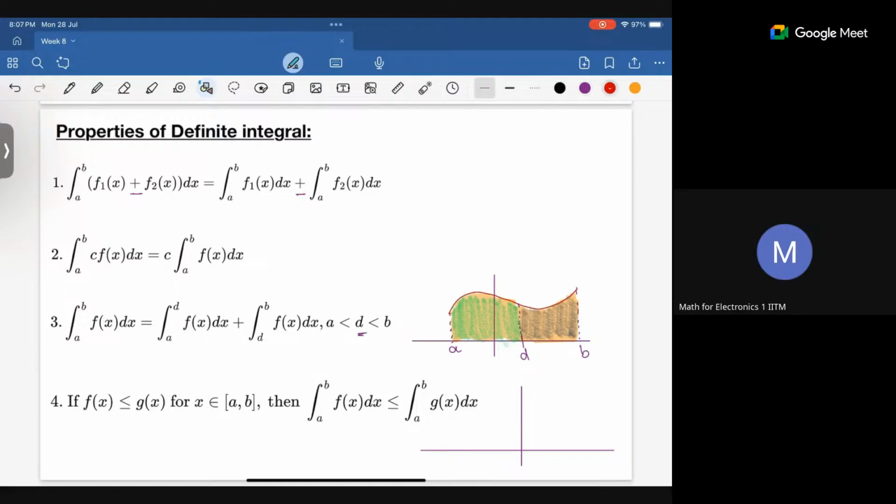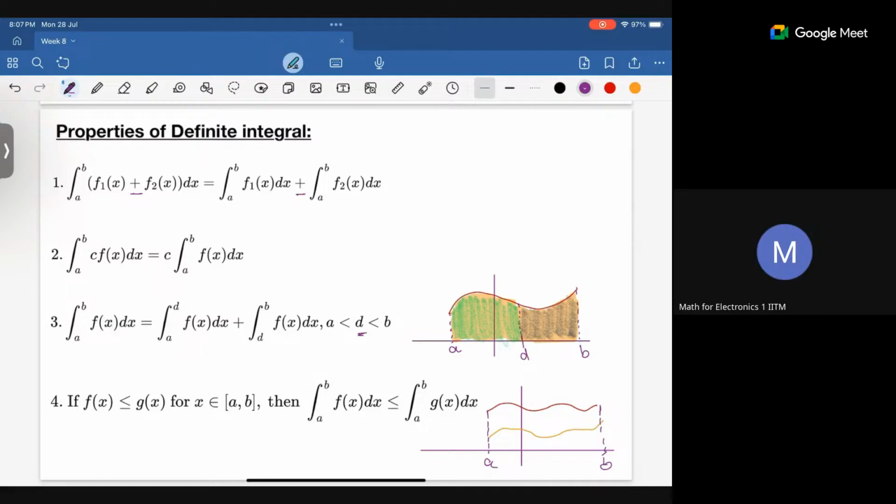So let's say this is g of x and this is f of x. So f of x is lesser than g of x in this interval a to b. You can clearly see the area under this orange curve is lesser than the area under the red curve.